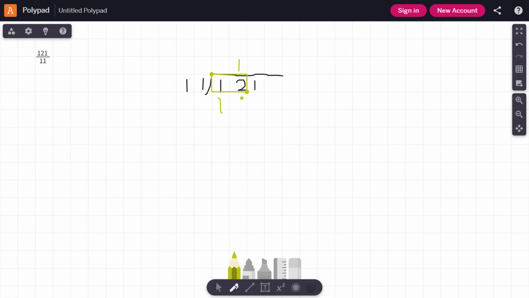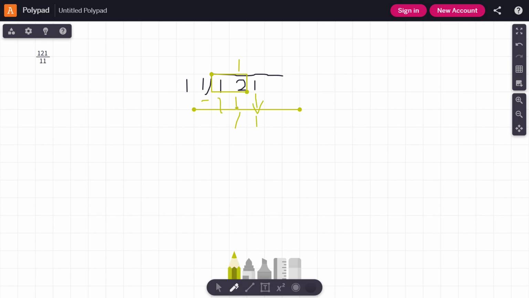It's obviously 11. And then we're going to draw a line. And now we need to do a little subtraction. Subtract 11 from 12. We're gonna have the difference of 1. And then plop the 1 down.